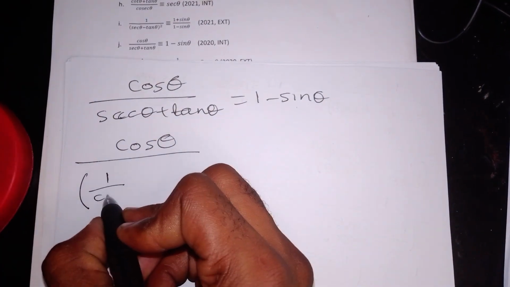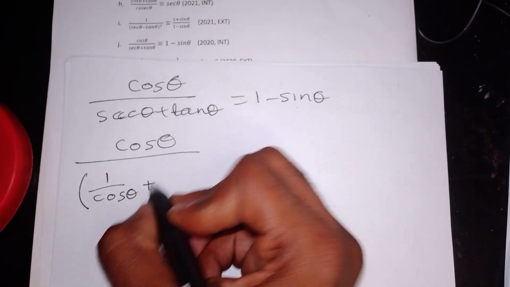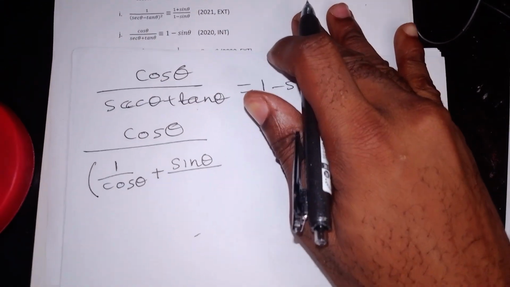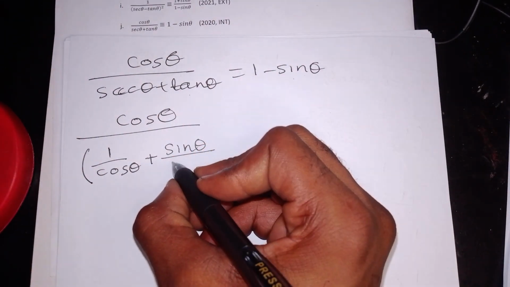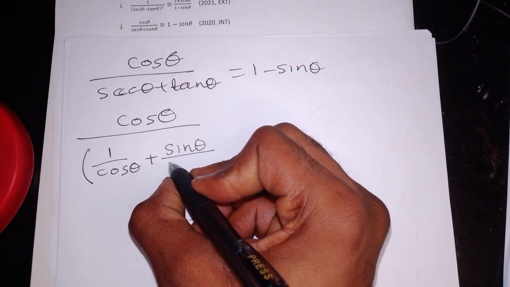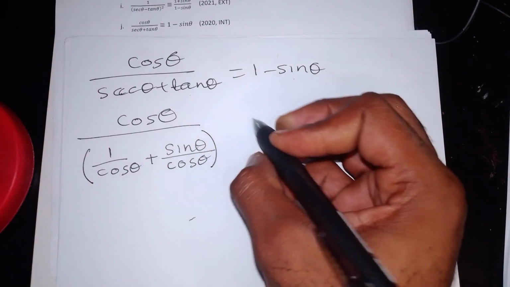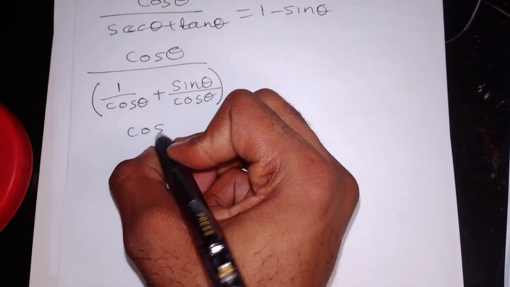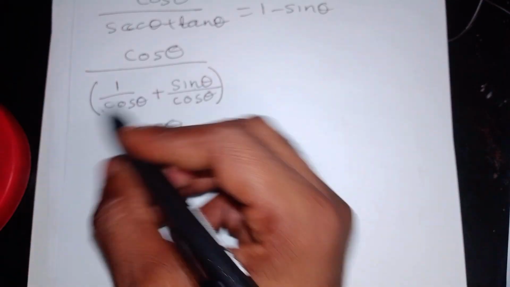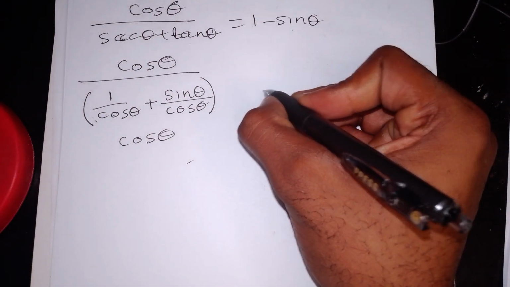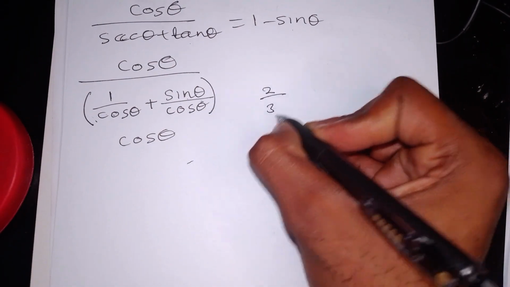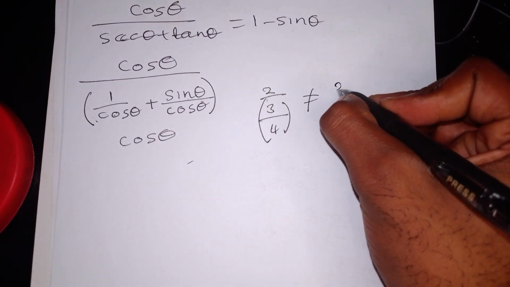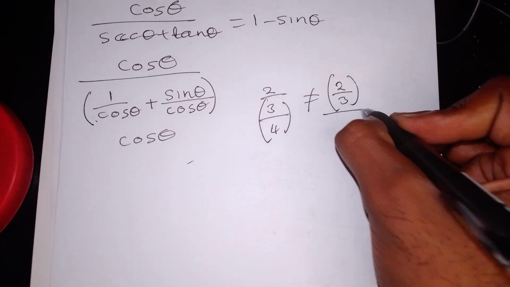This will be 1 over cos theta, and then plus, this is sine over cos theta. This is similar to what we are doing. And then we can combine these two. Remember, the brackets here are very important, because 2 divided by 3 divided by 4 like this is not the same as 2 over 3 and then over 4.